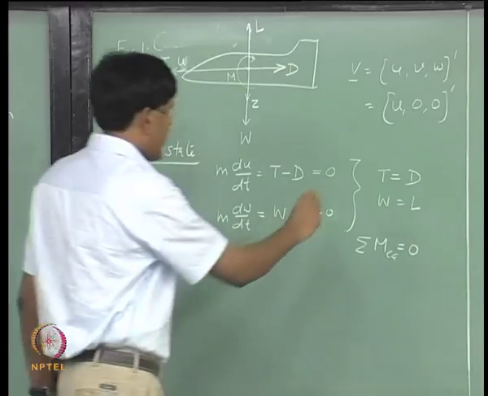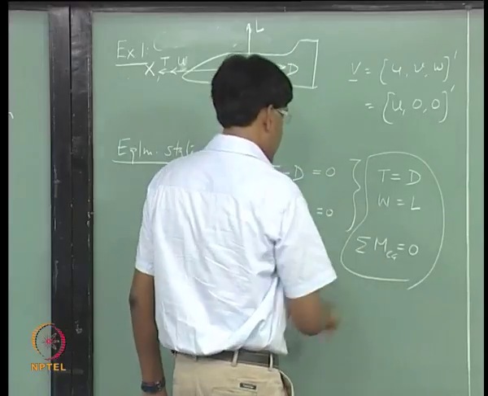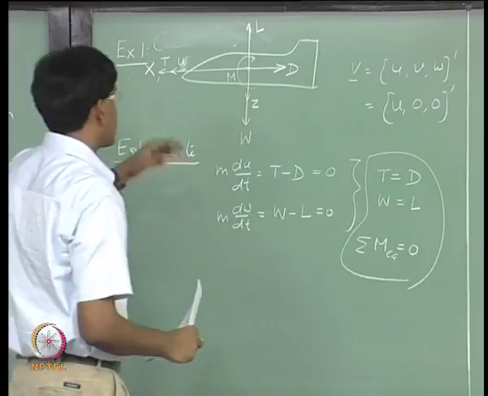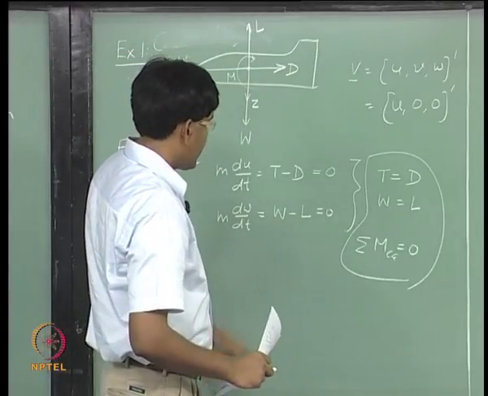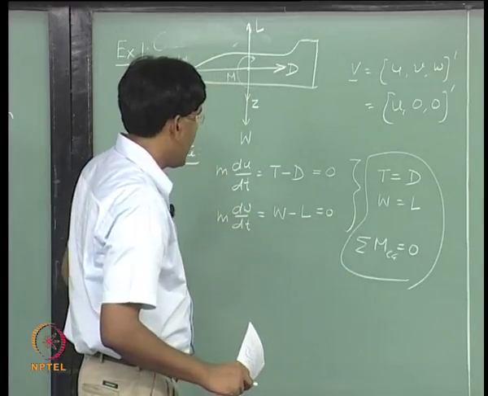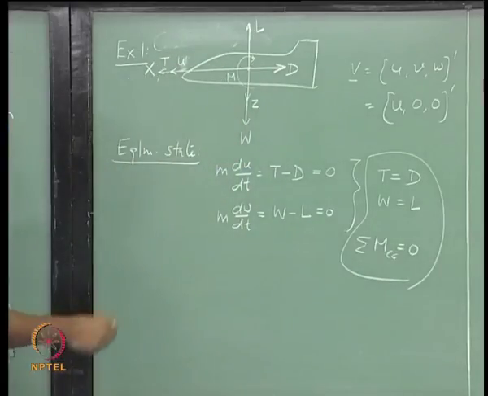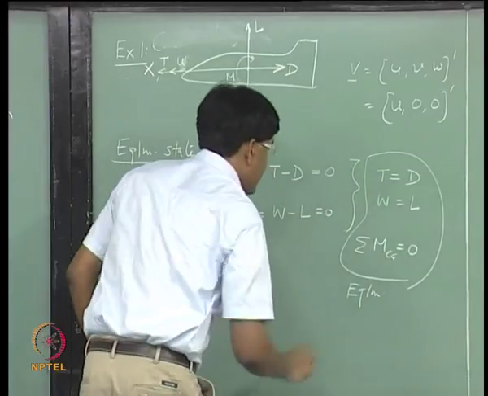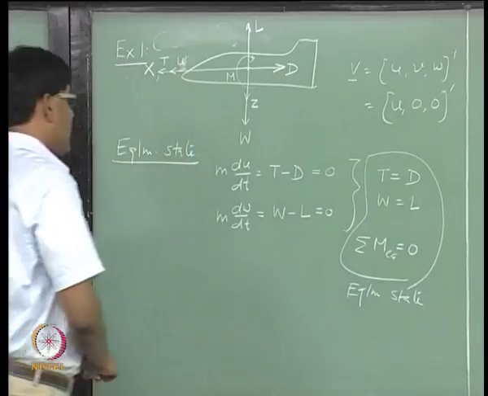So, these three equations. This M here is the pitching moment about the CG in the longitudinal plane of the aircraft, and these are the forces acting on the aircraft. So, these three equations define the equilibrium state.